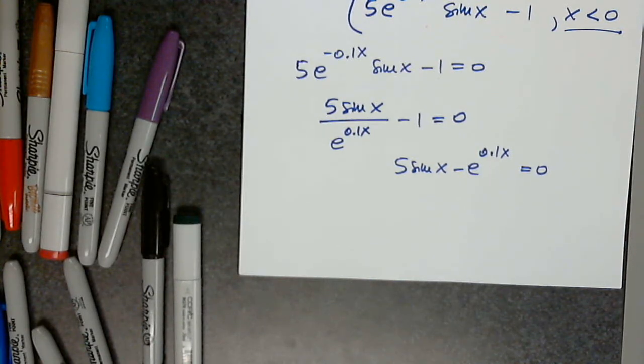So in y equals, I will create two functions. One function will be 5 sine x. I want to make sure that the mode is in radians, okay. And I will create the other function as e to 0.1x, second e, parentheses 0.1x.